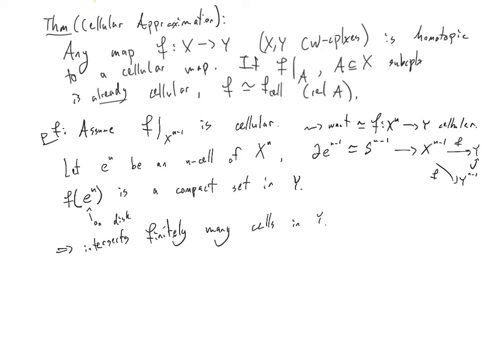Because Y is a CW complex, and we are picking some compact subset, you can't have a compact subset intersect infinitely many cells, because each of those cells plus a little open neighborhood covers it, and you can't pick a finite subcover of that.